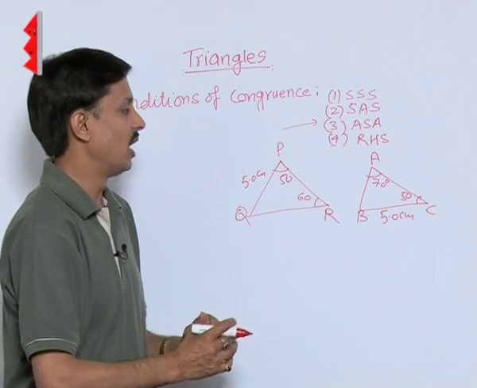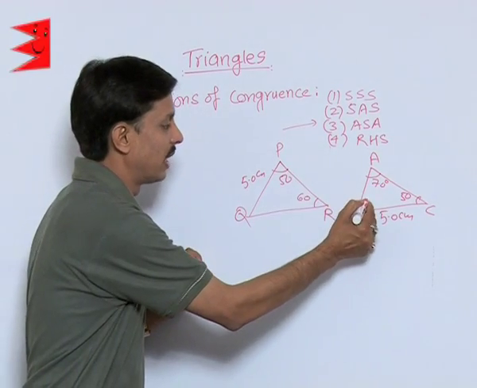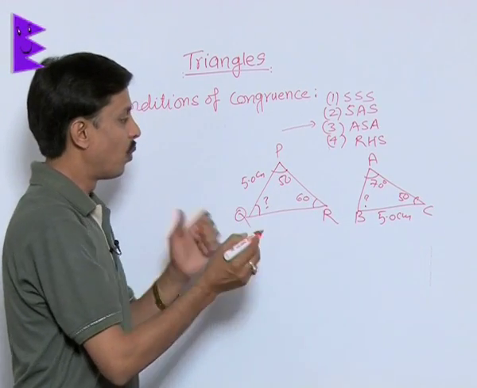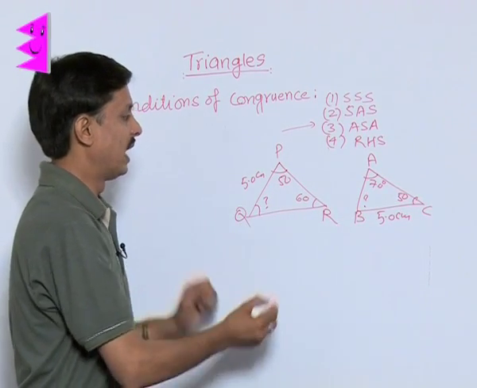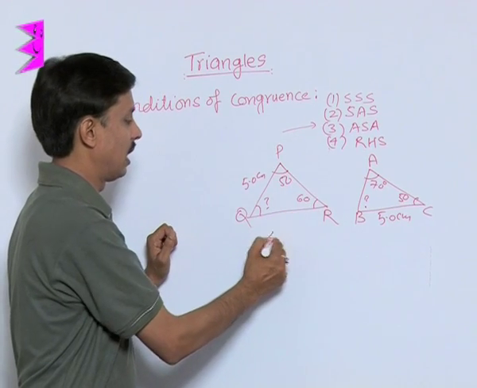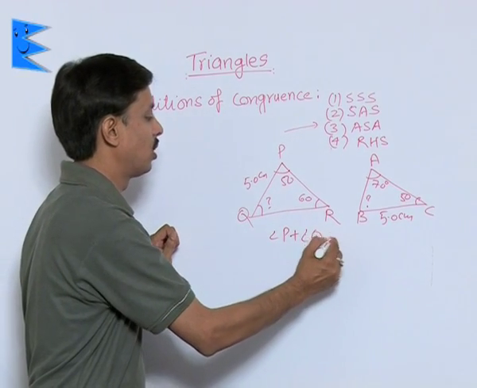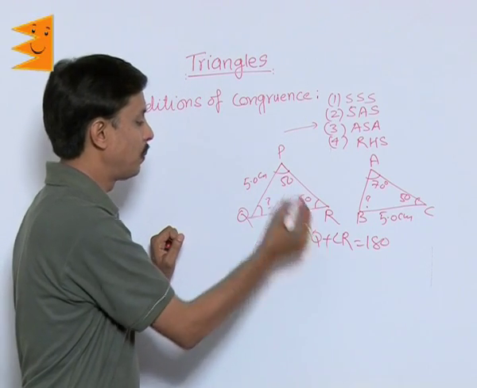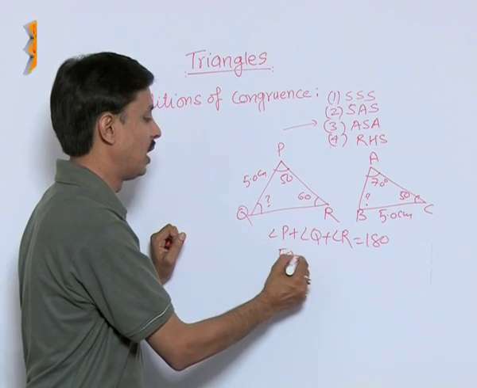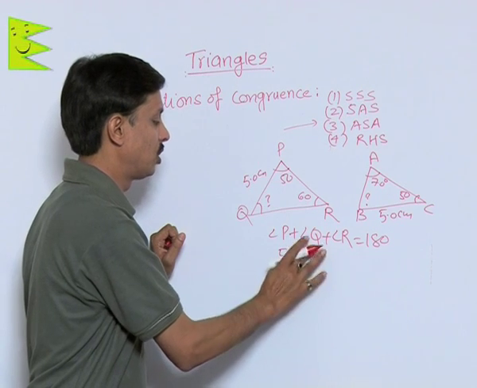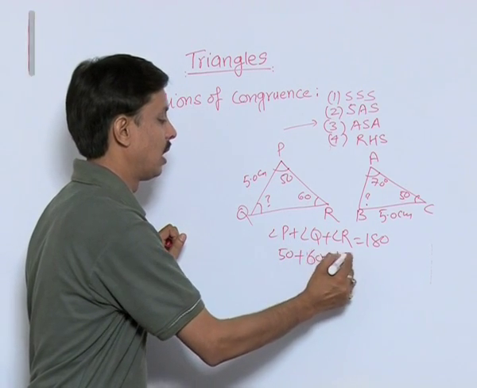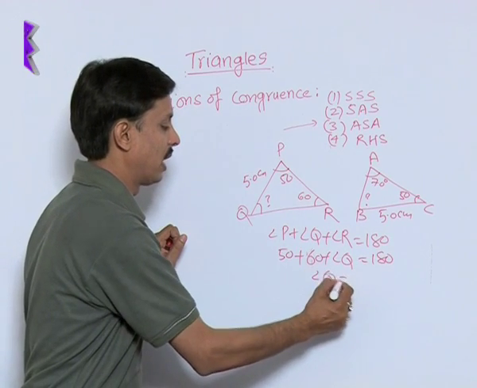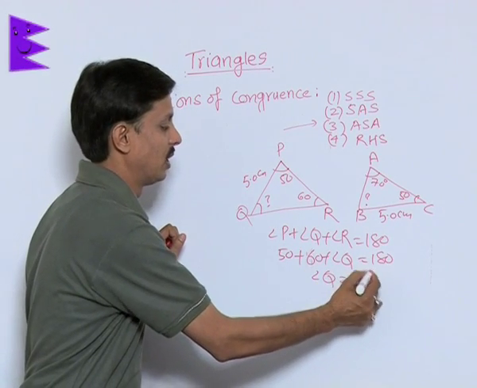Here I can tell you that if you find the third angle here and the third angle here, what will you conclude? That in this case angle P plus angle Q plus angle R is 180 degrees. Two angles P and R are given: 50 plus 60 plus angle Q, which is not given, equals 180. So we conclude angle Q is how much? 70 degrees.